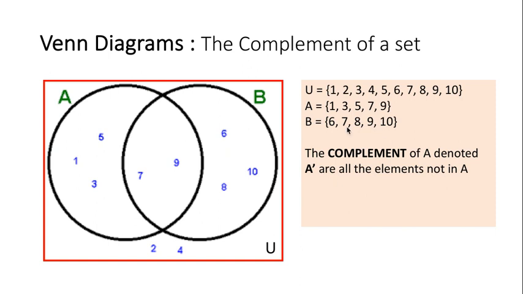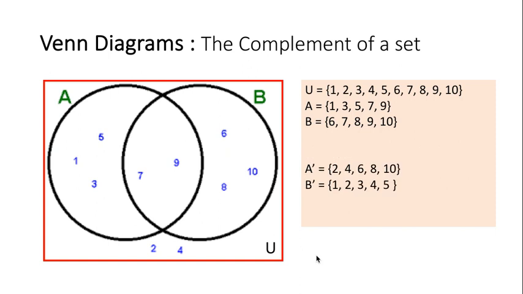First we want to talk about this idea of the complement of a set. The complement of A, denoted A complement, are all those elements that are not in A. Those elements would be, let's start in numerical order, 2, 4, 6, 8, and 10.